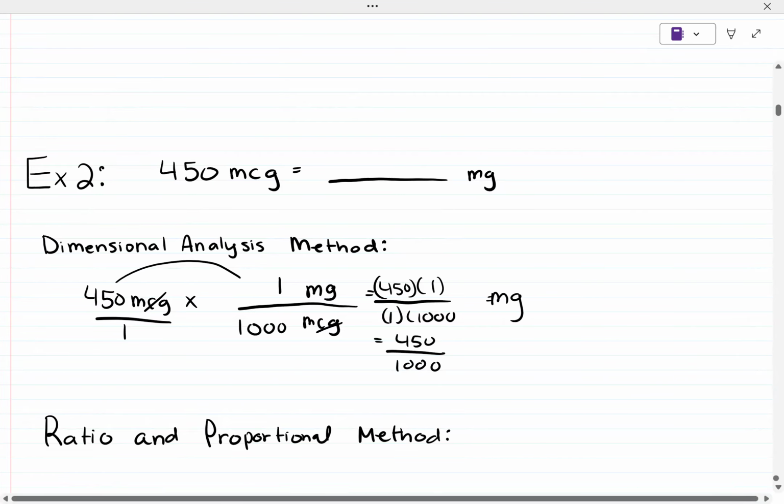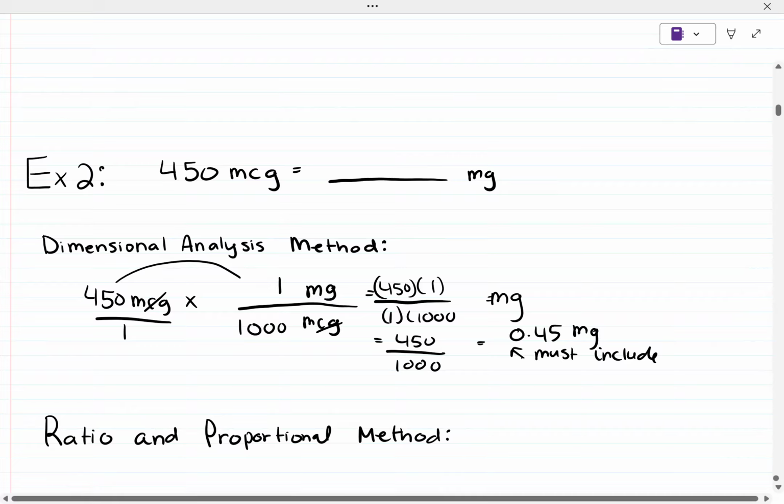Now, put this in the calculator and you get 0.45. So you must include this leading zero, otherwise it'll be wrong. I mean, not trailing zero, leading zero.